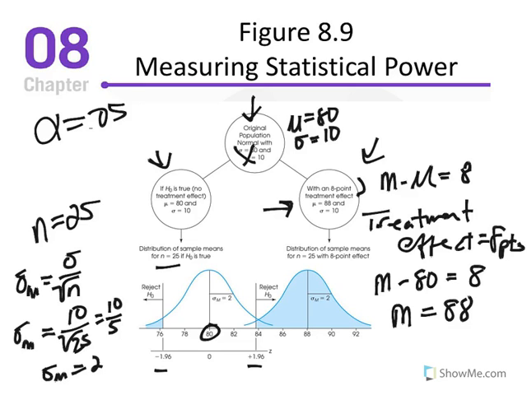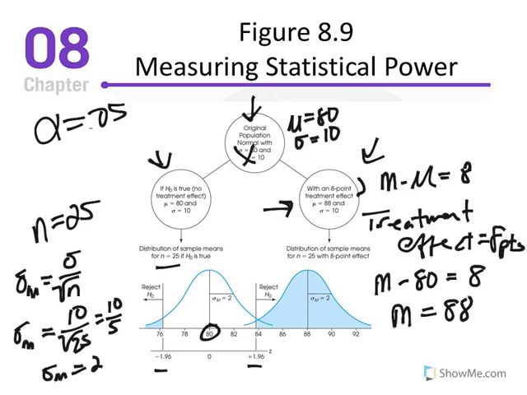That is setting the critical region. Again, that alpha level is the same as saying the probability of committing a type 1 error. So there's a 5% chance that if we get a value in the critical region, we are committing a type 1 error. We are falsely rejecting the null, or we're rejecting the null in error.